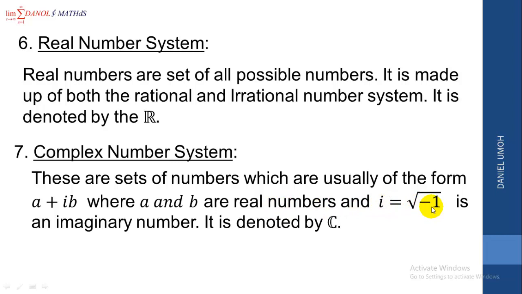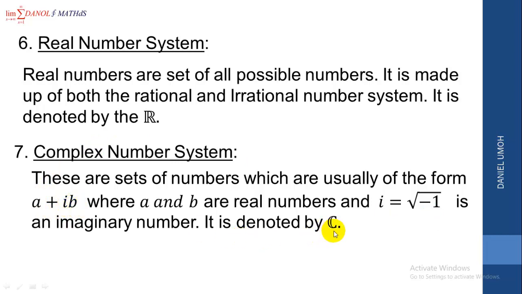This number system was discovered by a mathematician by name Euler, E-U-L-E-R. So these are numbers always represented in this form. This is called the real part and this is called the imaginary part. The complex number system is usually denoted by the symbol C.